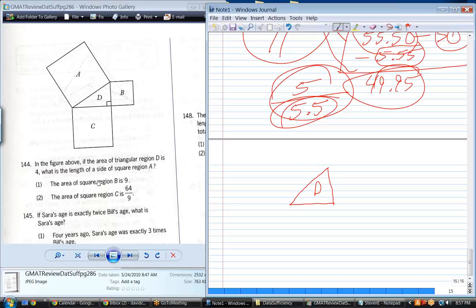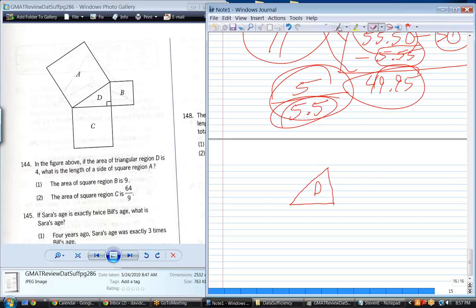What is the area of square region B? It is 9. Now about this triangle, it's telling me something very specific about that side. What is the height? That is the side length, 3. Okay.